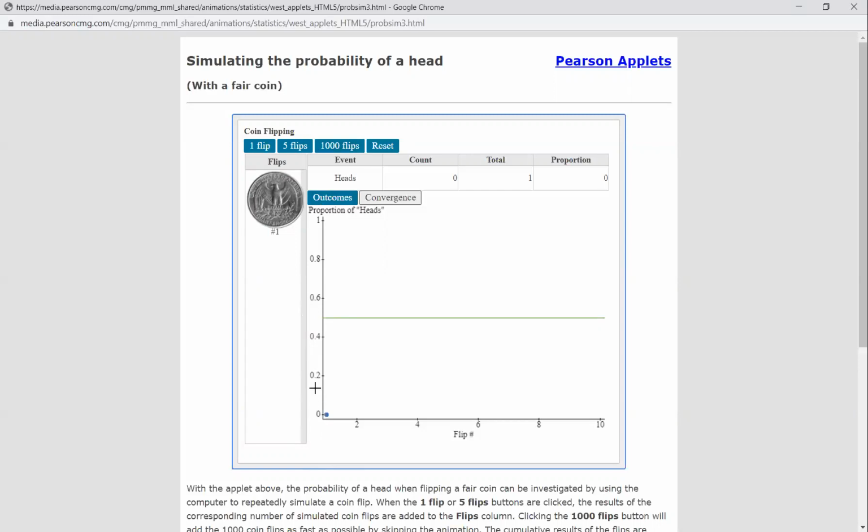So 0 probability, 20% probability, 40% probability. And as you can see here, you have 50% probability that we actually calculated and had on the board. A half or 50% was the probability of getting heads in the experiment of flipping a fair coin. You can repeat this process by flipping the coin 5 times.